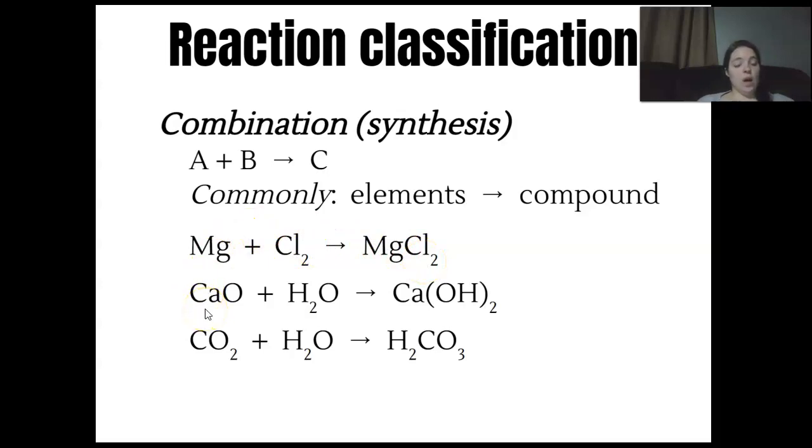Calcium oxide plus water gives you calcium hydroxide. You notice how these are compounds, not elements, but they combine to make one thing. They don't combine to make 2 things. It's one thing. And then at the bottom, you have carbon dioxide and water gives you hydrogen carbonate, I want to say.